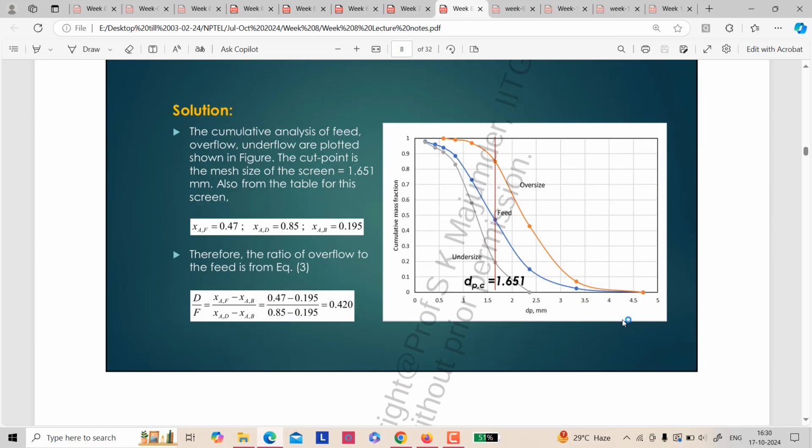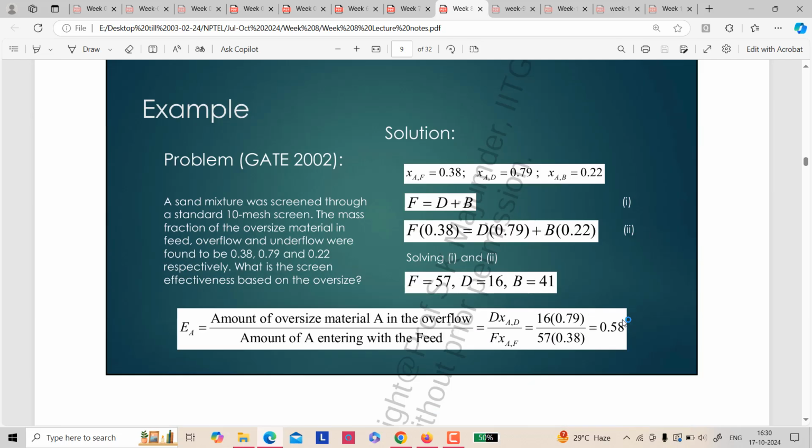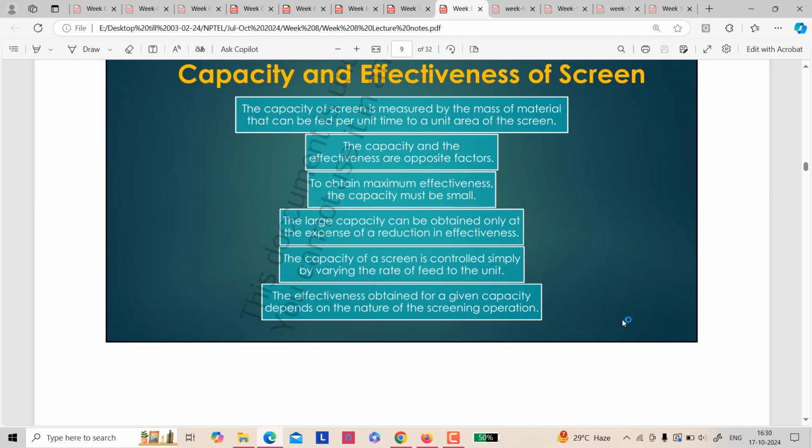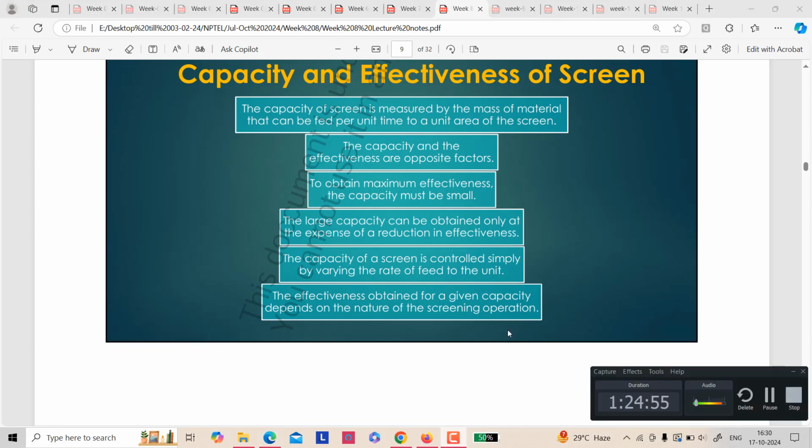So these are the problems on that. Capacity and effectiveness of a screen. The capacity of a screen is measured by the mass of material that can be fed per unit time to a unit area of the screen. The capacity and the effectiveness are opposite factors.